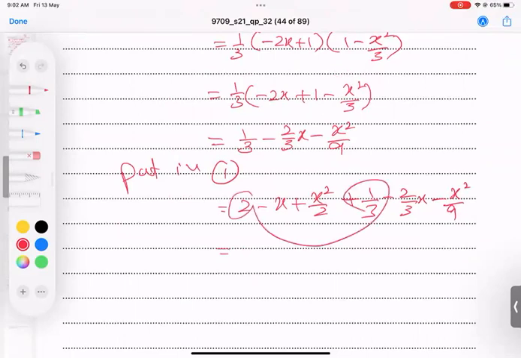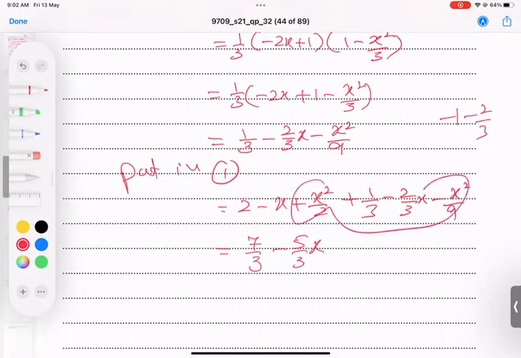The 2 and 1 by 3. 3 2s are 6 plus 1 by 3 comes 7 by 3. Negative x and negative 2 by 3, if I deal negative 1, so 3 1 3, so minus 5 by 3x. And this one, how? Coefficient of 1 by 2 and coefficient negative 1 by 9. So 18 is LCM. So I get 9 minus 2, so 7 by 18.